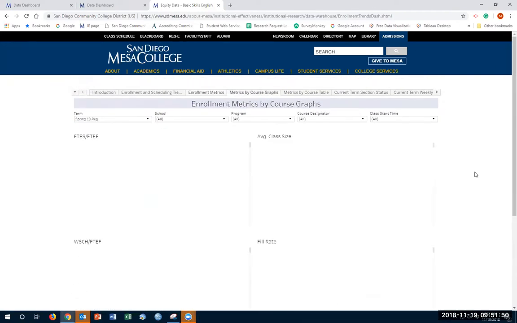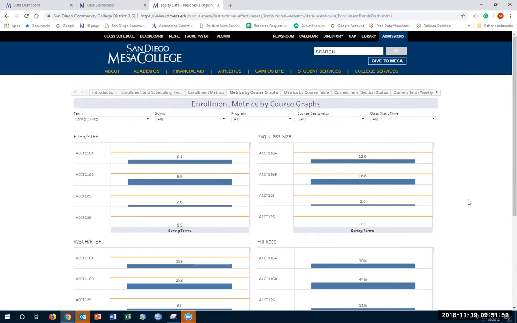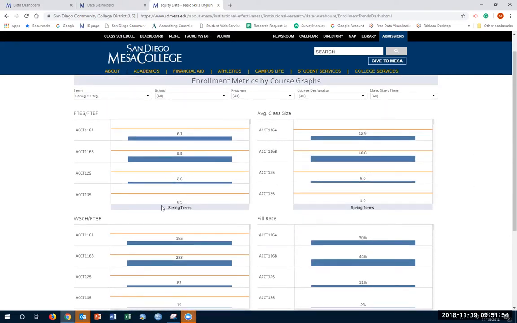The next is those very similar metrics, but at the course level. So here's our FTES per FTEF, the WSCH per FTEF, average class size, and fill rate. And again, I can select specific programs, I can select specific course designators or start times.